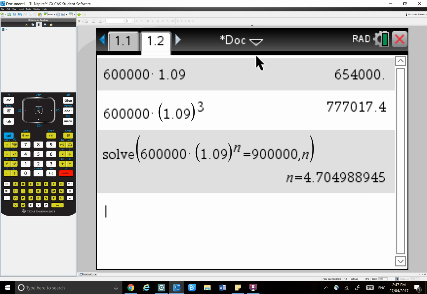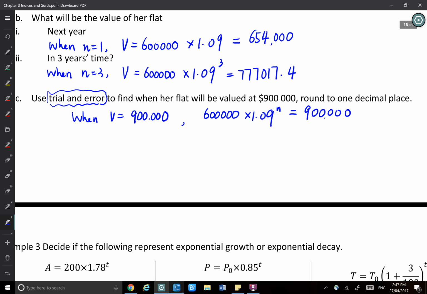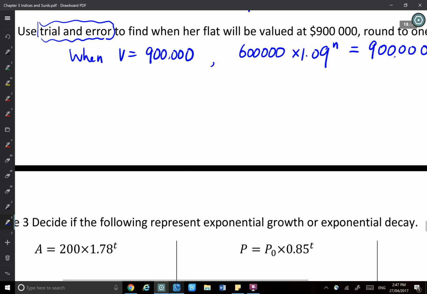But I don't know that, so I need to do trial and error. I need to keep trying different values until you have about 900,000. Let's say I'm guessing: this number will be between 4 and 5.